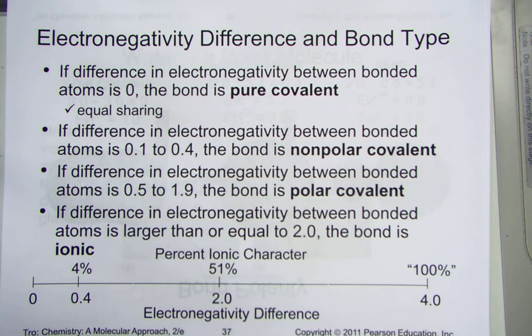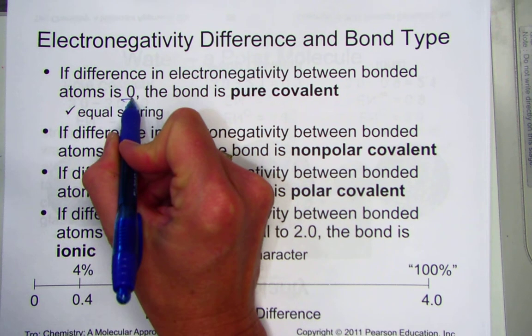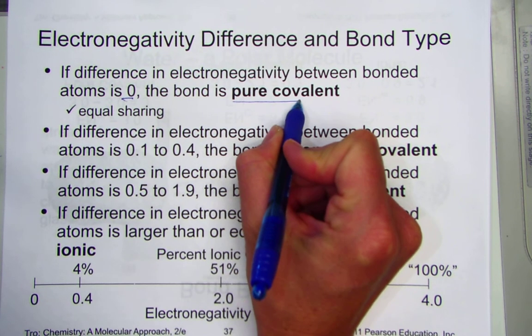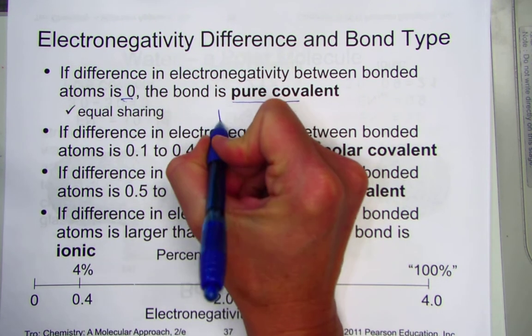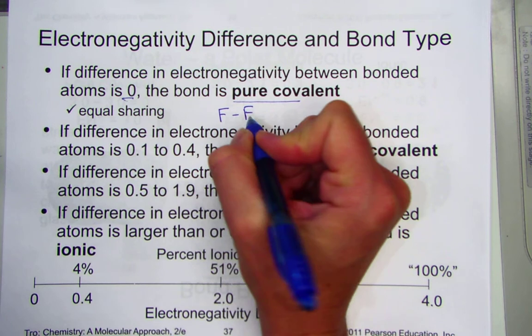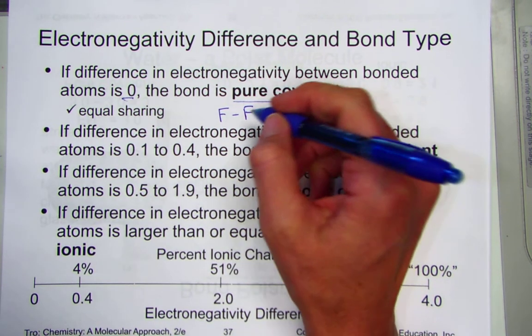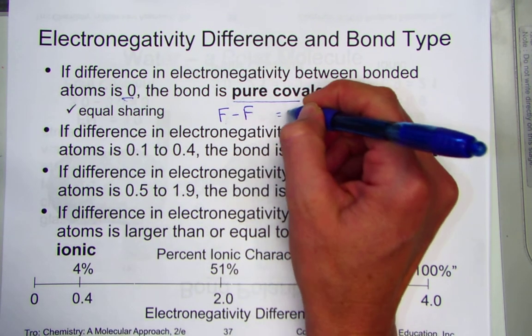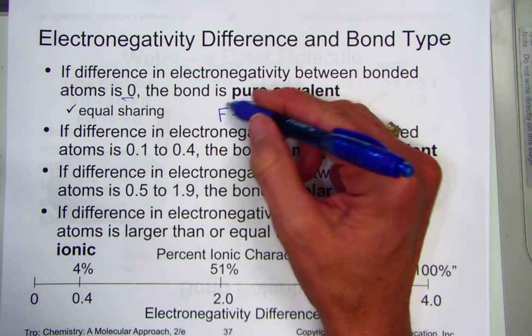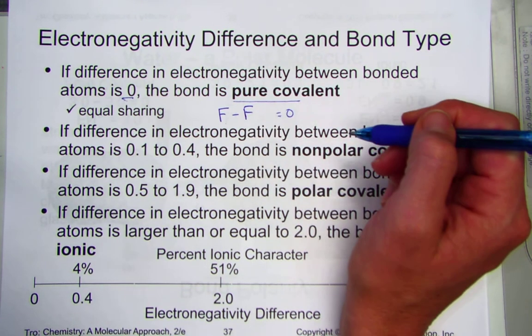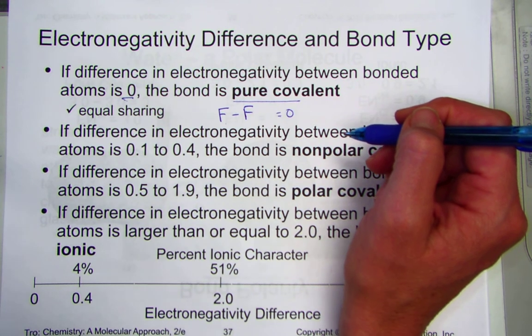If the difference in electronegativity between both atoms is exactly 0, it's said to be a pure covalent bond, equal sharing. So for example, a fluorine bonded to a fluorine, 4 minus 4 gives me an exact 0. It would be a pure covalent bond. Two like atoms will always have a pure covalent bond simply because we're subtracting the same number.